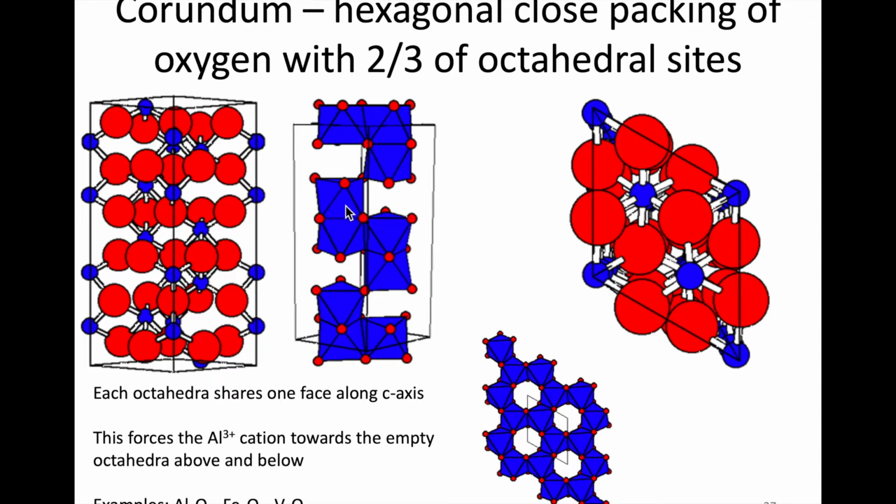So that's one way that we can still have this face sharing along that direction. But otherwise, you can also see other forms of sharing as well. We have vertex sharing here, and then we have some edge sharing. So there's a range of different sharing that we see here. This is a rather complex structure. And again, like I said, this is Al2O3's structure that we see.